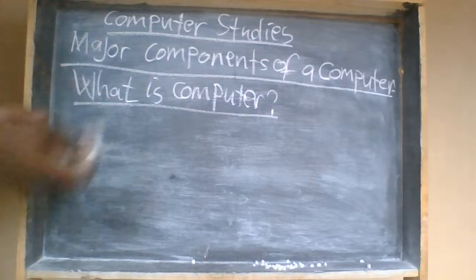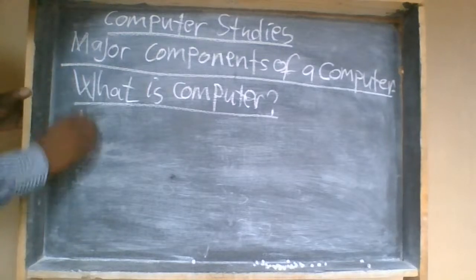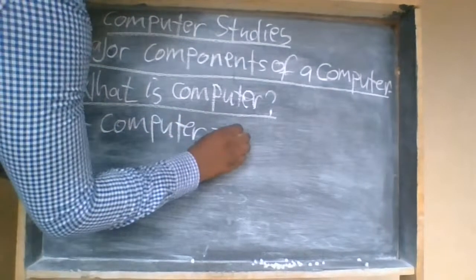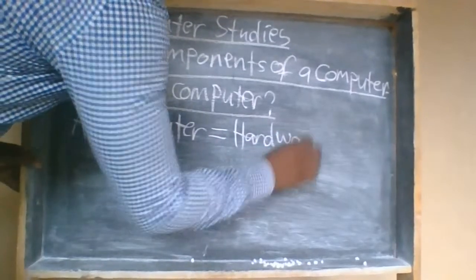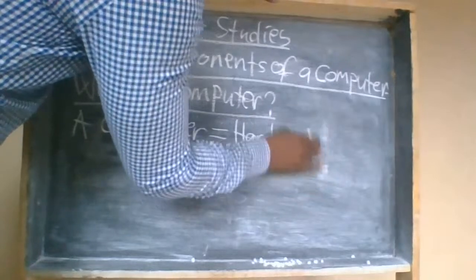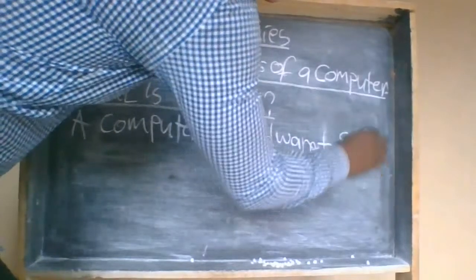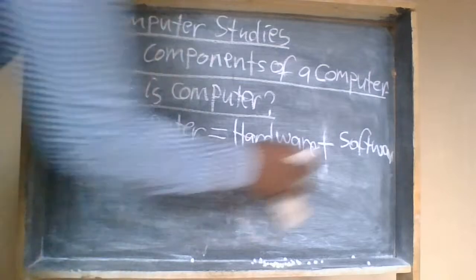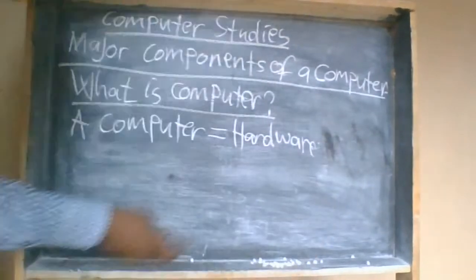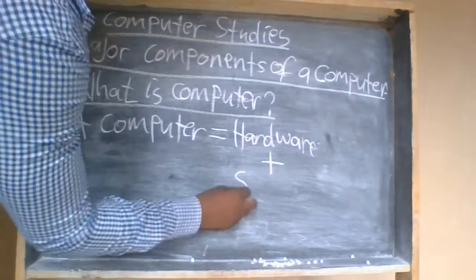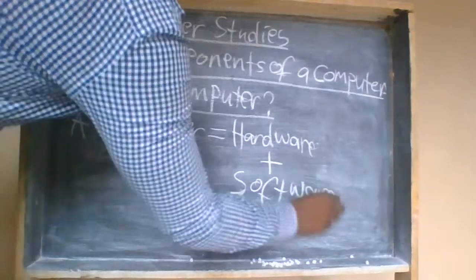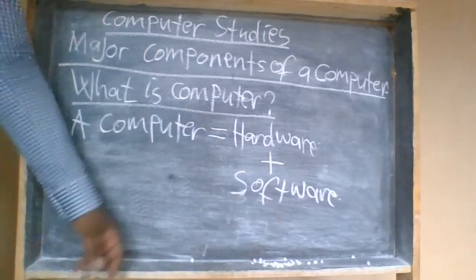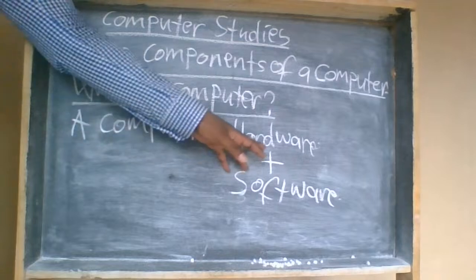But just to simplify all that long definition, I'll say a computer is equal to hardware plus software.